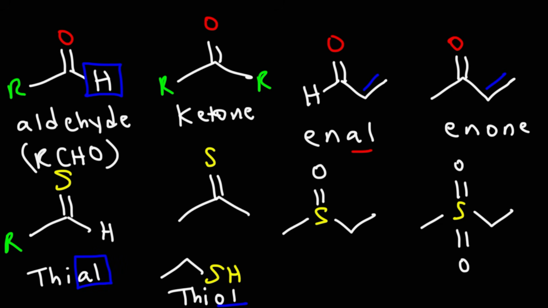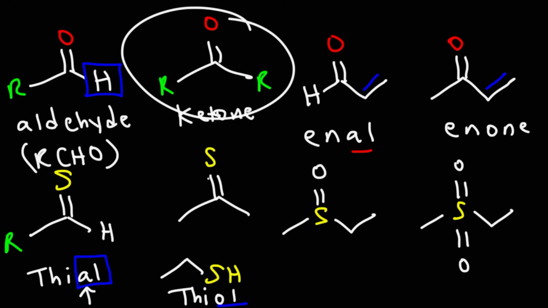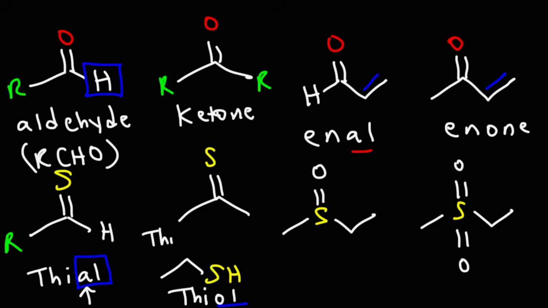So thial, thiol. They kind of sound similar. It's kind of hard to differentiate them, but the difference is an A instead of an O. If this is a ketone, what is that? This is called thioketone. So that one is easier to remember.